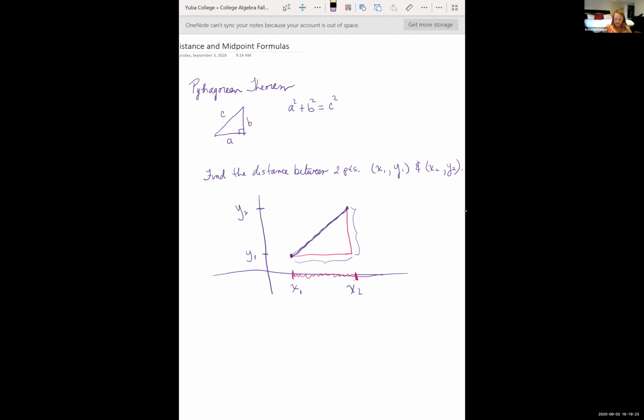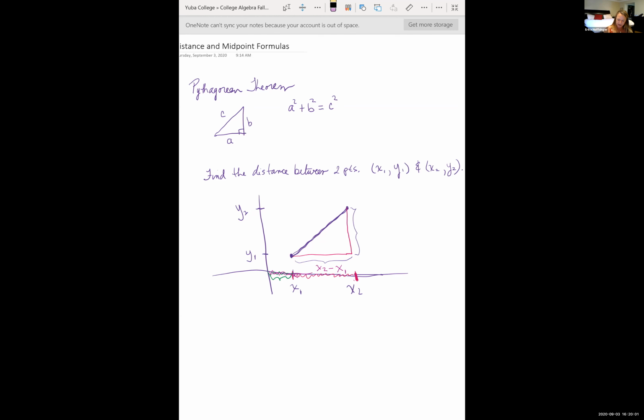Well, this is the x value, and if I take this x value and I subtract off the other x value, the distance of x of 2 and the origin is all the way over here, right? And so if I subtract off this x of 1 piece, that would give me the distance of this. So I can say this here is the same thing as x of 2 minus x of 1.